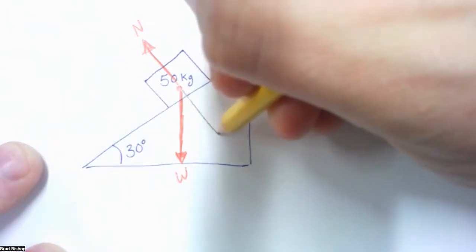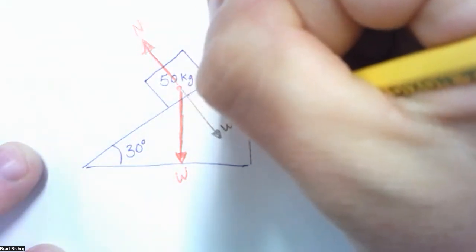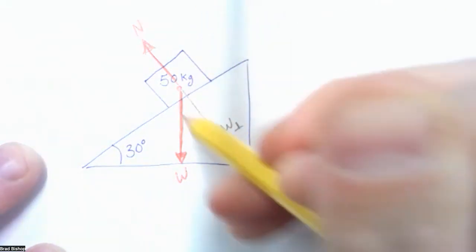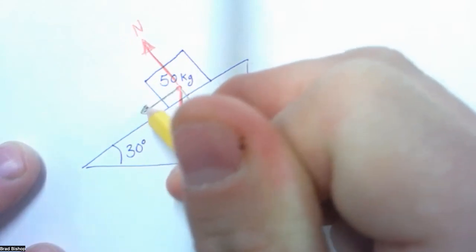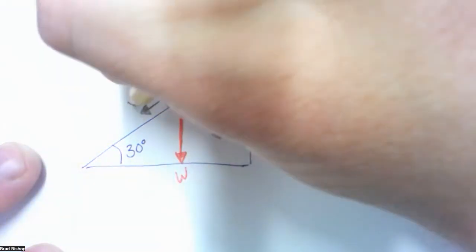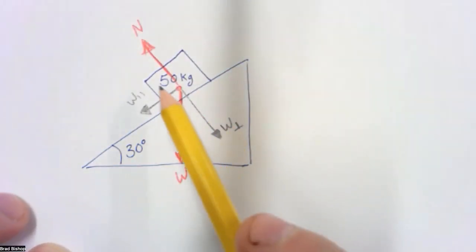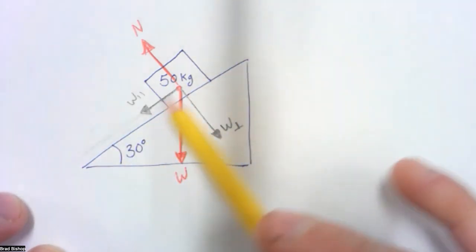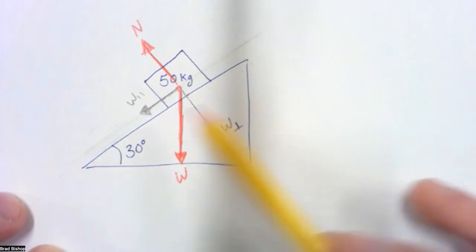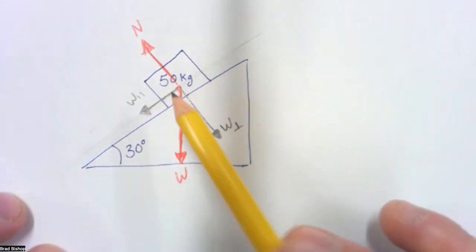A component of this weight that is perpendicular to the inclined plane, what I'm going to call weight perpendicular, and a component of this weight that is pulling it down the inclined plane, what we're going to call weight parallel. And so now we have a much easier problem where we can have our x-axis being directed here. And if you don't want to call it the x-axis, you could just call it the parallel axis, parallel to the surface.